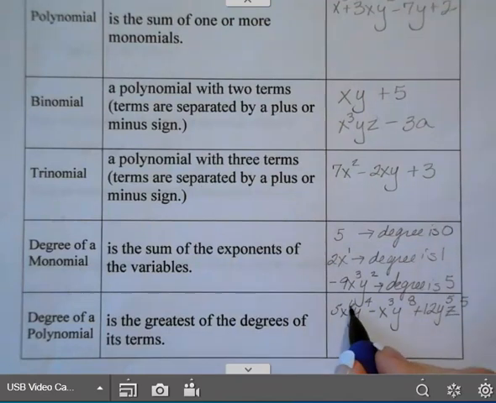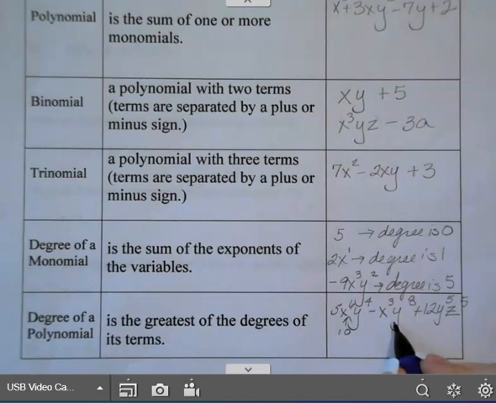The degree, if you add these, is 10. So my first one has a degree of 10. My second term, if you add those, that's 11. And then my last one, if you add those exponents, you'll have a degree of 10. So between 10, 11, and 10, my highest one is 11. So the degree of this polynomial is 11.